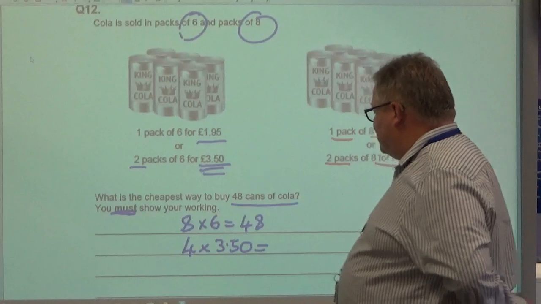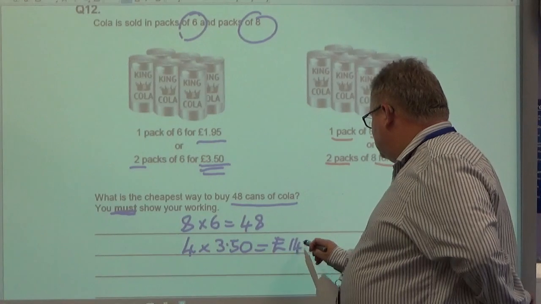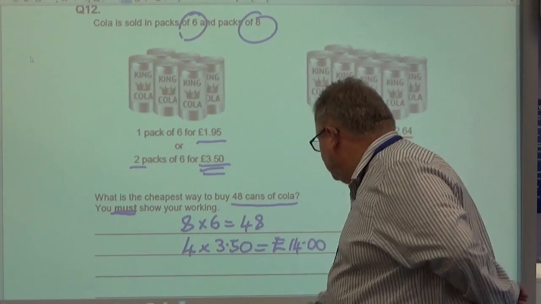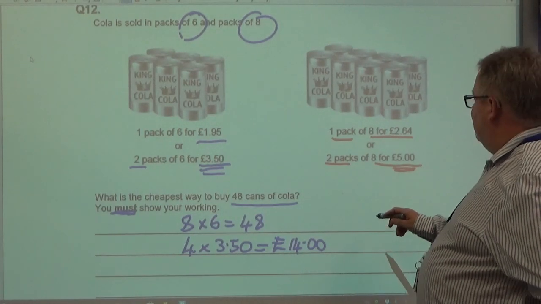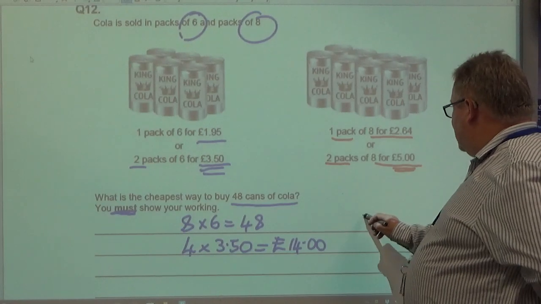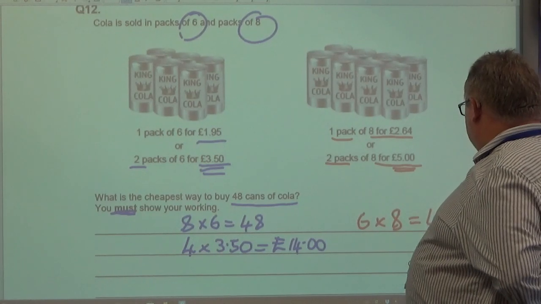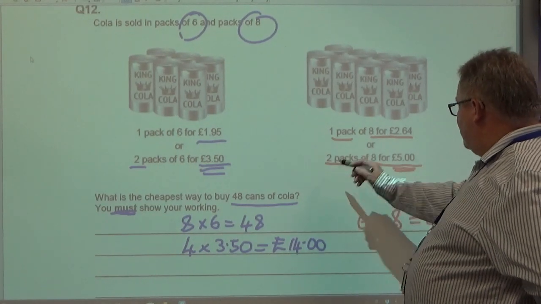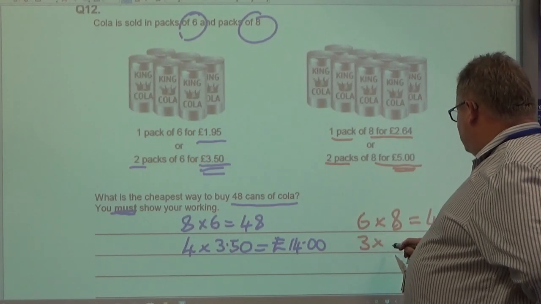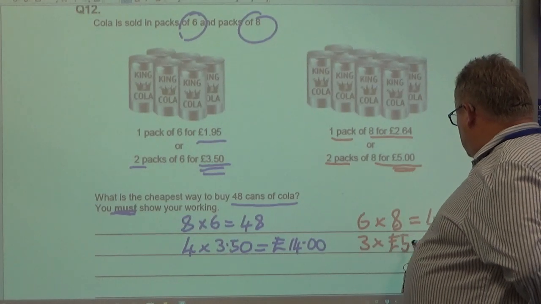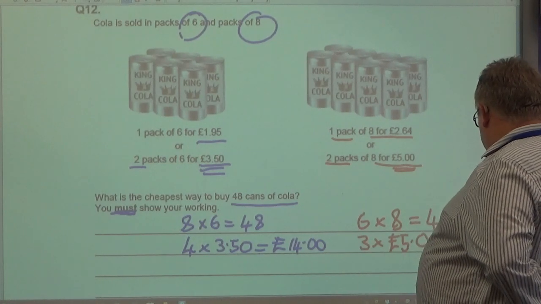And if we did that on our calculator, we'd find that that would come to £14. And then looking at the 8 packs, we'd have 6 of those, so that would be 6 times 8, which would give us 48, and we'd need 3 lots of 2, so that would be 3 times £5. So that gives us £15.